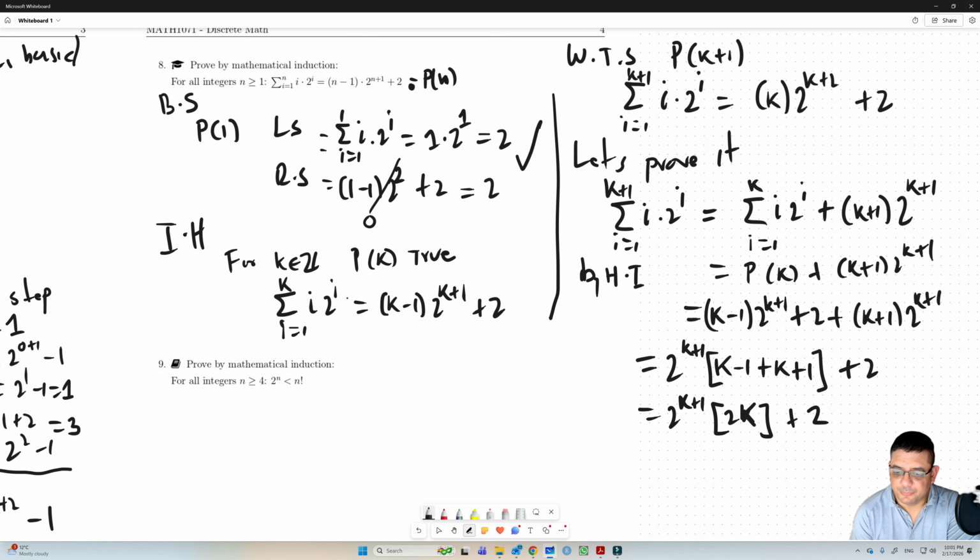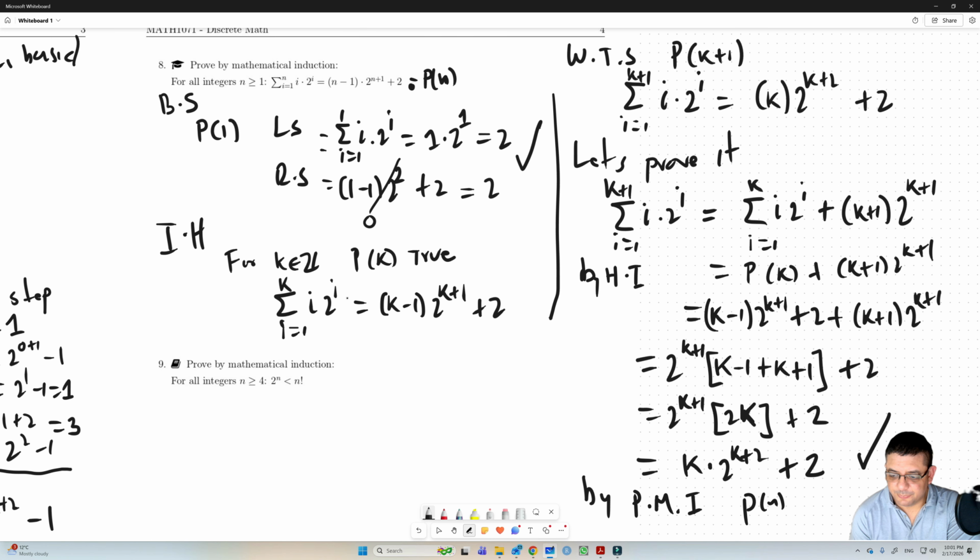But this 2 is going to multiply with this, and then it's going to become K 2 to the K plus 2 plus 2, which is exactly what I wanted to show. So by principle of mathematical induction, P of n is true for n bigger or equal than 1.